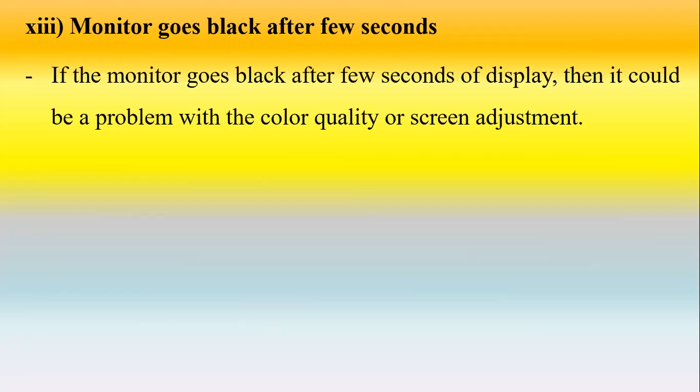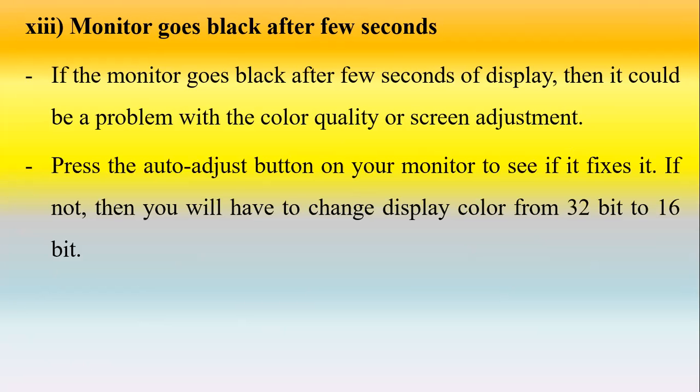Number 13 is the monitor goes black after few seconds. If the monitor goes black after few seconds of display, then it could be a problem with the color quality or screen adjustment. Press the auto adjust button on your monitor to see if it fixes it. If not, then you'll have to change display color from 32 bits to 16 bits.